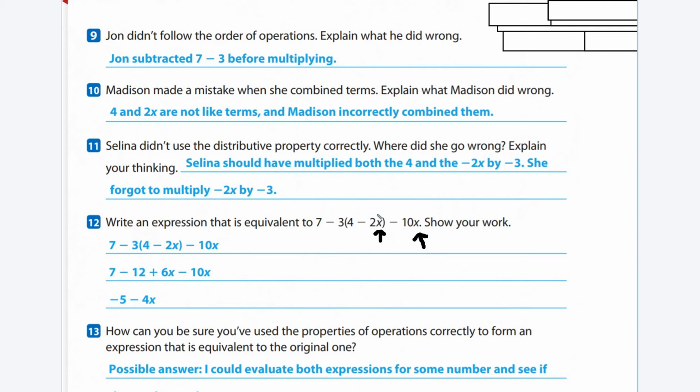When you plug in 2, you solve it out. Then you plug in 2 here, and you solve that out. You would have negative 5 minus 8, which equals negative 13. And if you plug it here, you'd see it'd be the same thing, because it'd be 7 minus 3 times 4 minus 2 times 2, right?